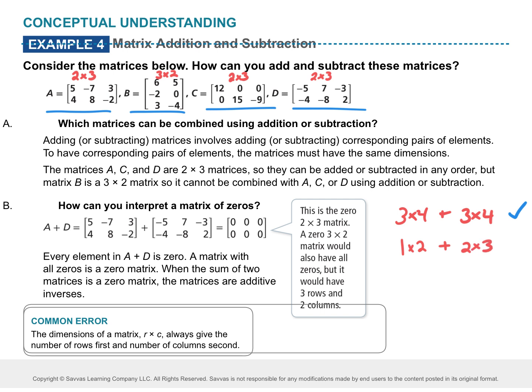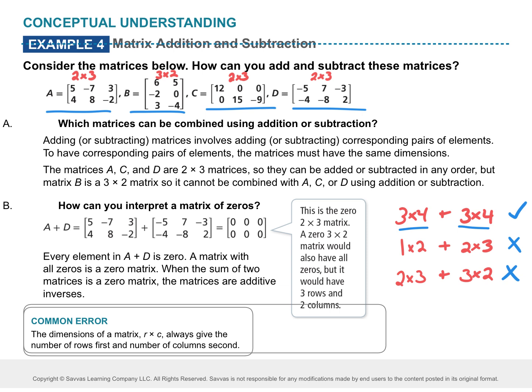No, why not? Not the same. Good. Can I add a 2x3 with a 3x2? Why not? Yes, they are the same numbers, but is the number of rows the same as the number of rows? No. They have to be the exact same, just like this 3x4 and 3x4. Even if they're switched around, they're still different. They're not the exact same.